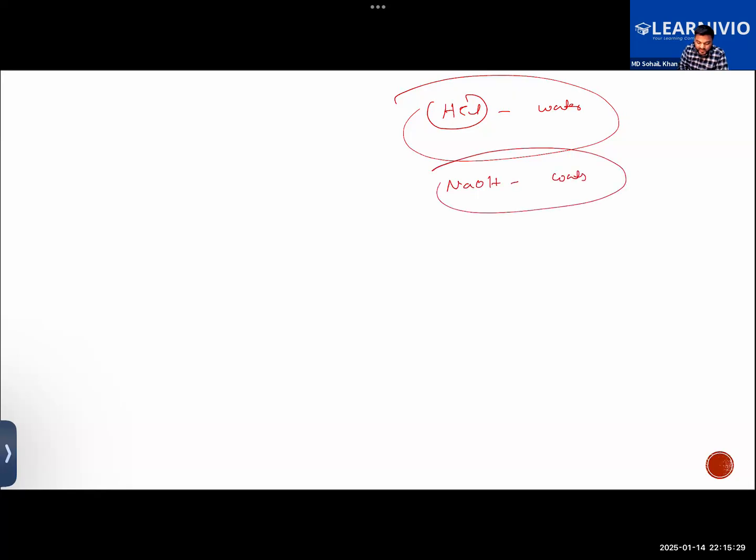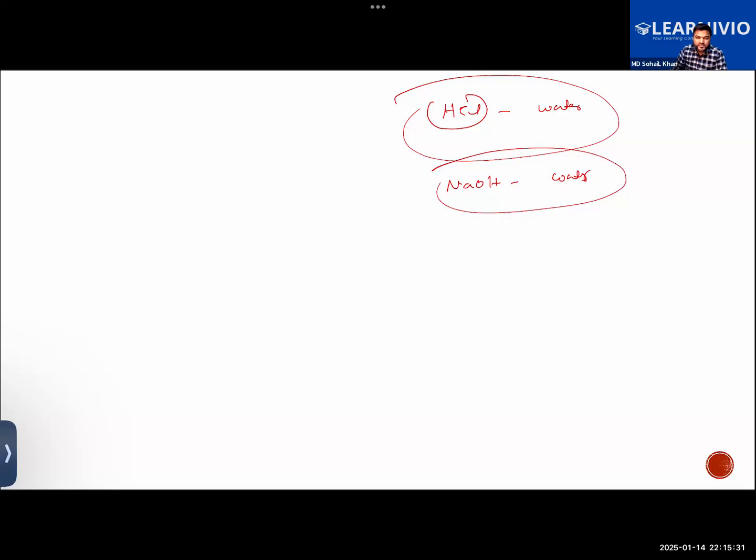If you were to have hydrochloric acid and add this in water, that will become a strong electrolyte. Or if you were to take a strong base, can you quote an example of a strong base? Yes, sodium hydroxide. Okay, so if you mix sodium hydroxide with water, that will make it a strong electrolyte.